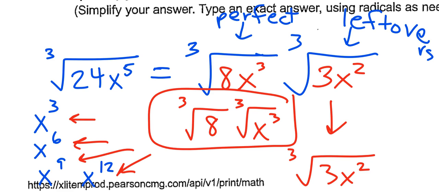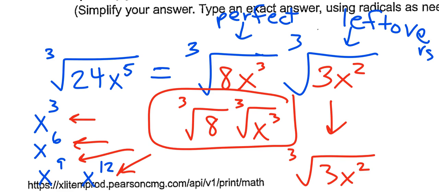But out of those, the largest one that goes into x to the 5th is x cubed. So it's perfect. So if this one's perfect, that means I can pull this apart into 2 pieces: x cubed, the perfect one, and x squared, the leftover one. Then I can simplify these 2 pieces.